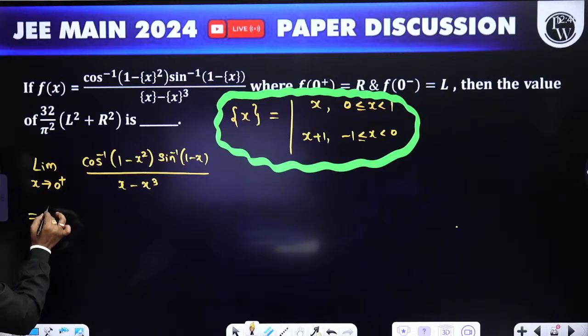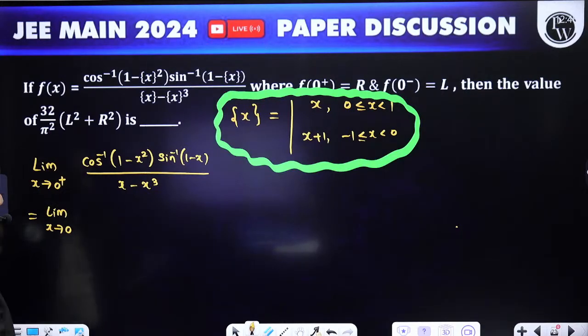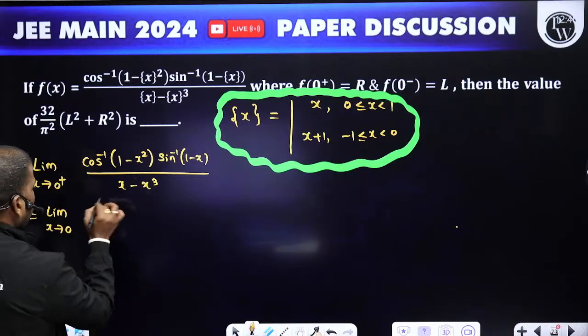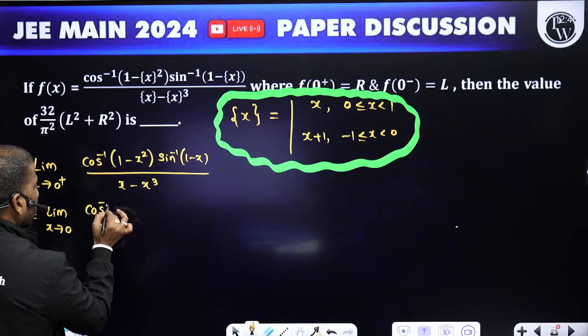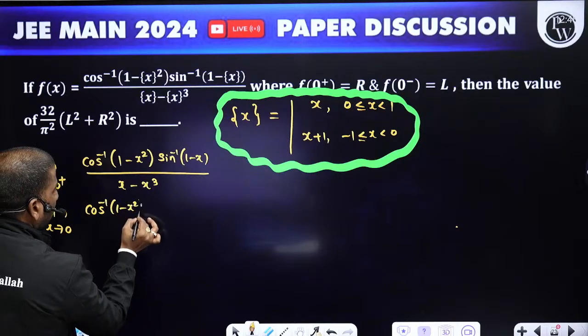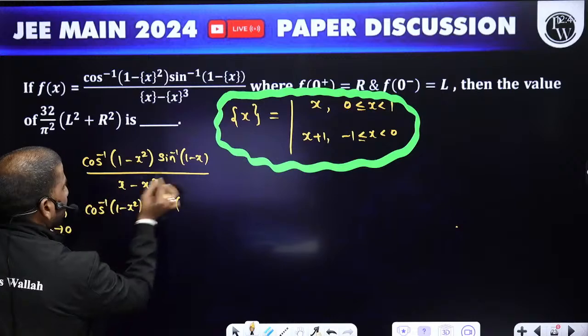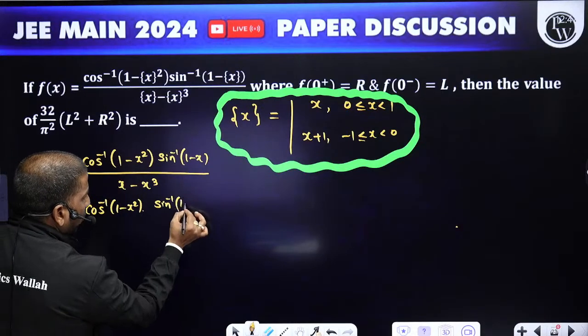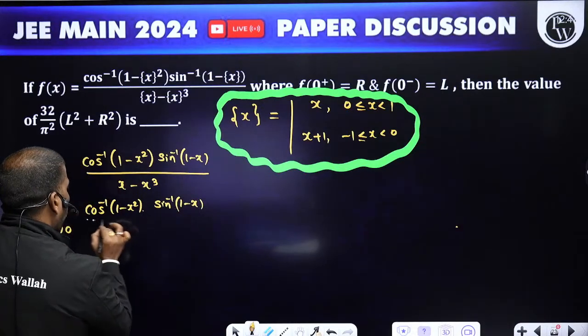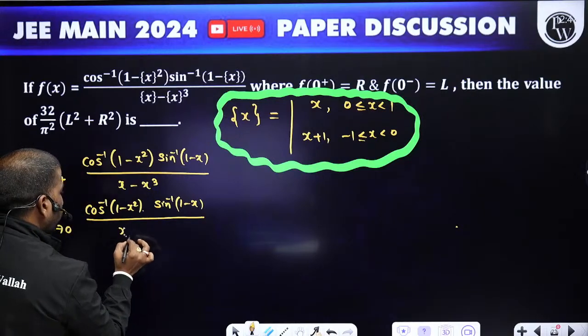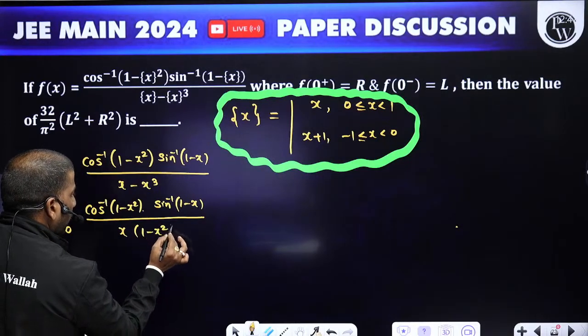If you apply limit x is tending to 0, this is okay, but here cos inverse of 1 minus x square and sin inverse of 1 minus x, as x is tending to 0, it is okay, sin inverse of 1 is pi by 2 only. There is no problem at all. x times 1 minus x square.